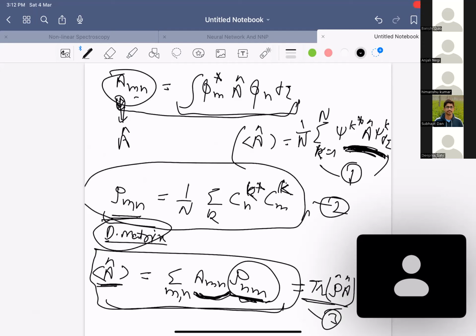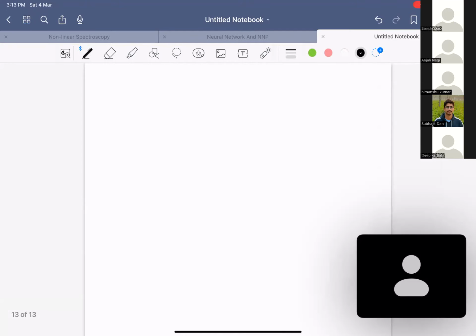From equation 2, this is Cnk and Cmk star. We can easily say that rho nm is equal to rho mn star, and this is the condition for any operator to be Hermitian.